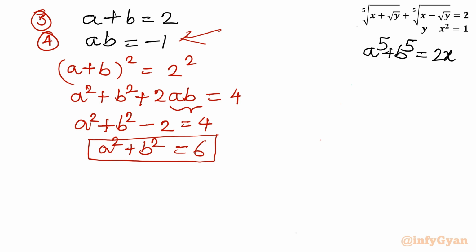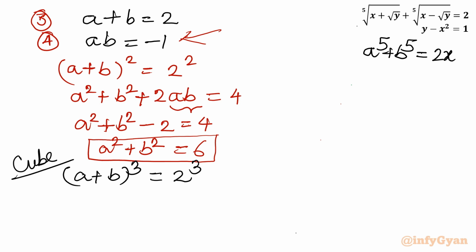Now I will consider cubing of the same equation. So I will write a plus b whole cube equal to 2 whole cube. Consider cube on both sides for equation number 3. Let us apply the formula for a plus b whole cube. So it is a cube plus b cube plus 3ab, a plus b.